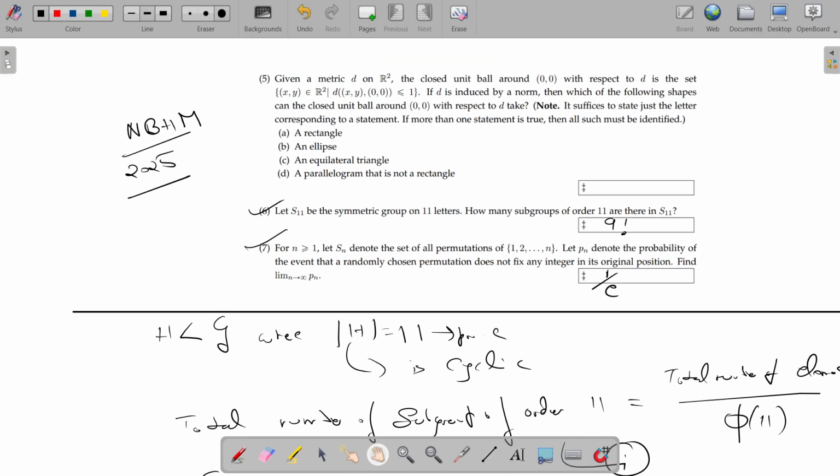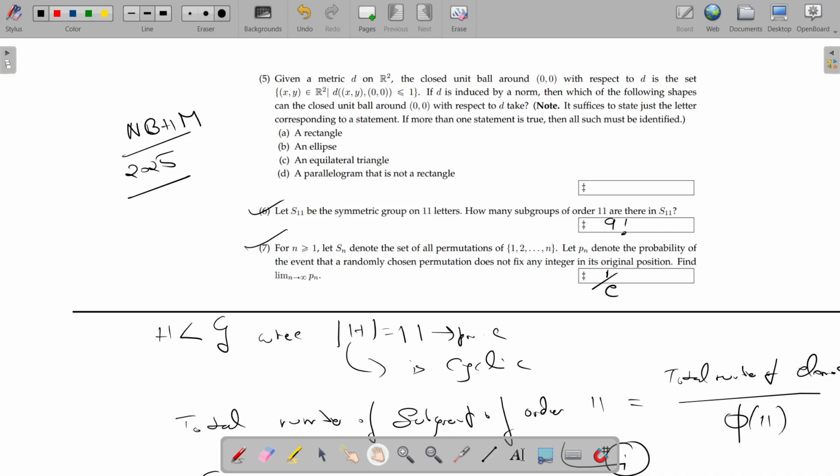Basically in question number 5, they're saying given a metric D on R square, the closed unit ball around (0, 0) with respect to D. If D is induced by a norm, then which of the following shapes can the closed unit ball around (0, 0) with respect to D take? Okay, so this is an MSQ type, I mean multiple correct, more than one can be correct, all can be correct.